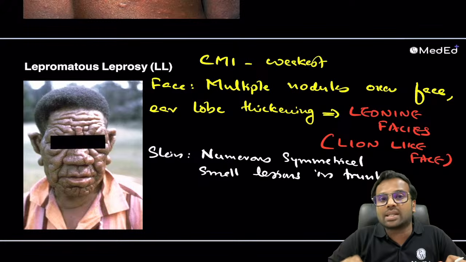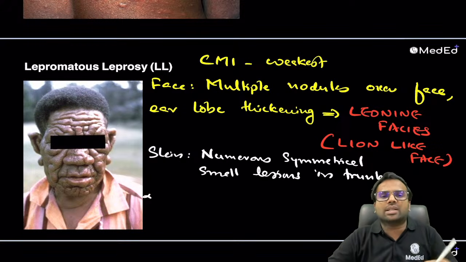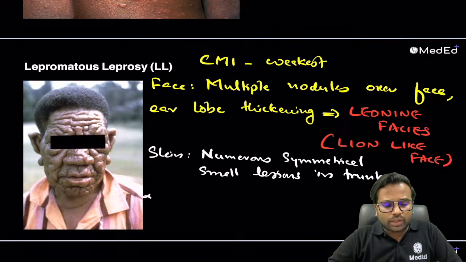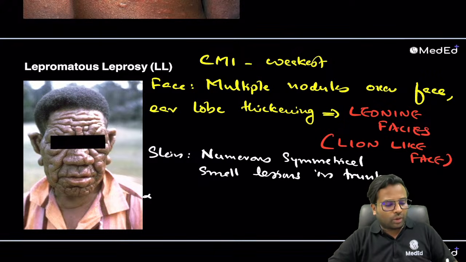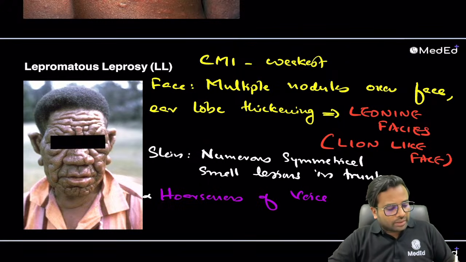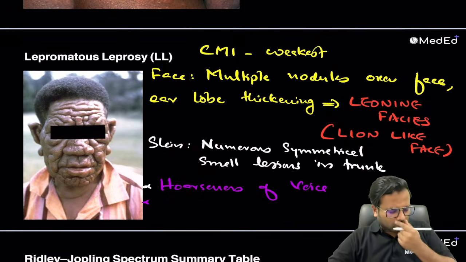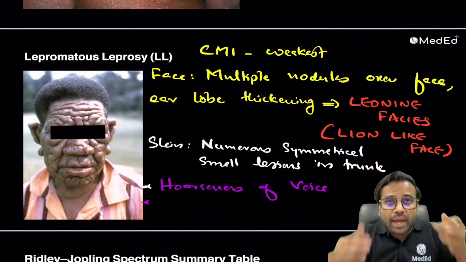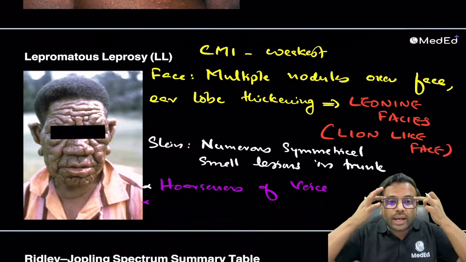Along with that, since this patient is having a very low immunity, there will be lot other symptoms as well. And some of the symptoms which we can write down right now is there can be a hoarseness of voice. These patients may lose out on the entire eyebrows.